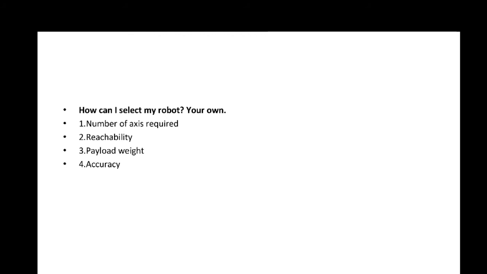How much reach the robot will have from the origin point in your machine to the end point, like our hand moves depending upon the length of our hand, right? The same thing applies to robots. How long the arms of the robot are, that much is the reachability. The same thing in reachability.